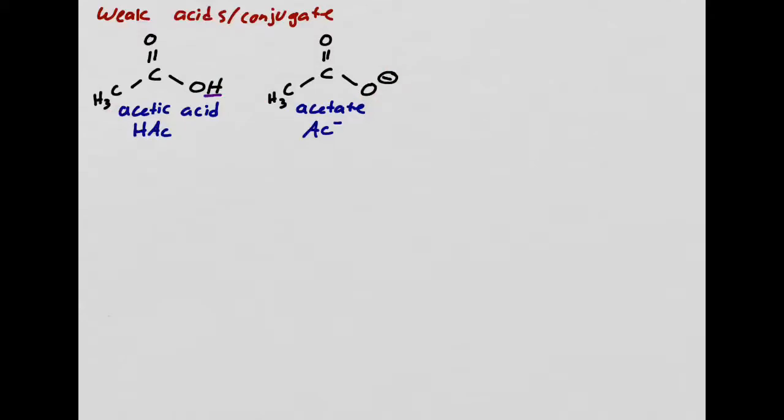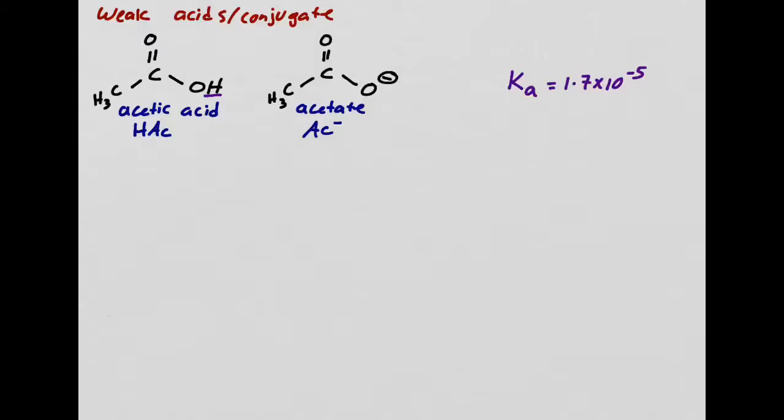Okay. Now acetic acid is a weak acid. If you have a weak acid, what does that mean? A weak acid is going to have an equilibrium constant, Ka, right? And the Ka for acetic acid is 1.7 times 10 to the minus 5. Now, I want to quickly go over something I forgot.